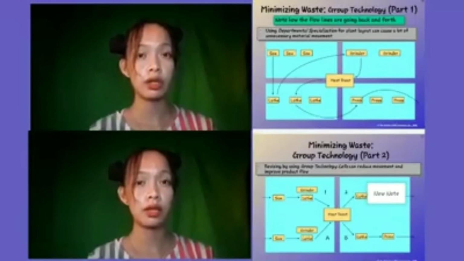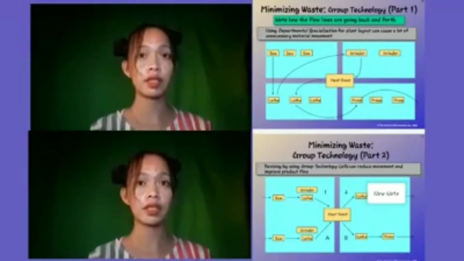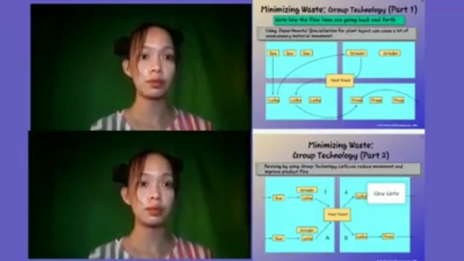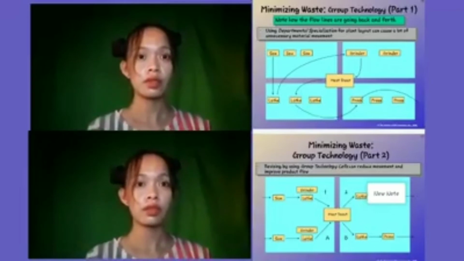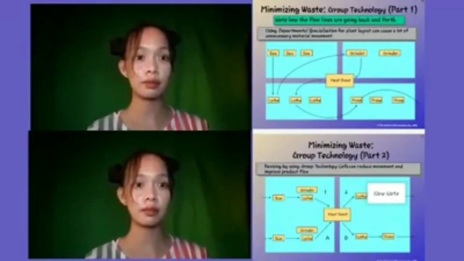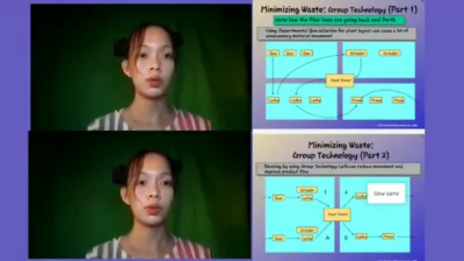So dito naman po sa Group Technology Part 2, makikita natin nakalagay is revising by using group technology cells can reduce movement and improve product flow. So napapadali po kasi makikita po natin dito saw, lathe, grinder, heat treat, at press. Kung baga, diretso yung flow ng product.